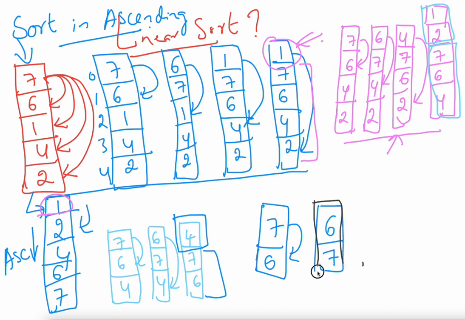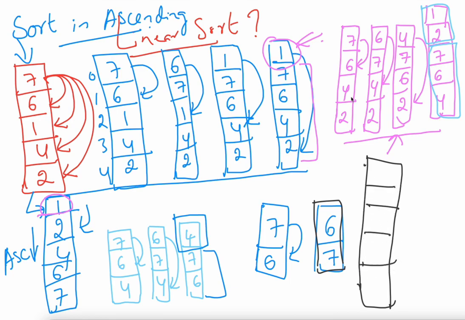Now if we see the full array, 1 is here, which was already sorted in the first iteration. In the second iteration we sorted 2, so the 2 came here. In our third iteration we sorted and got 4 here.